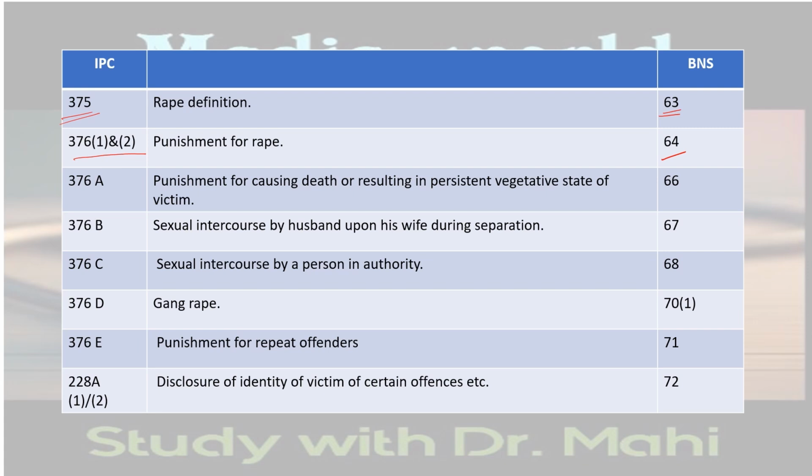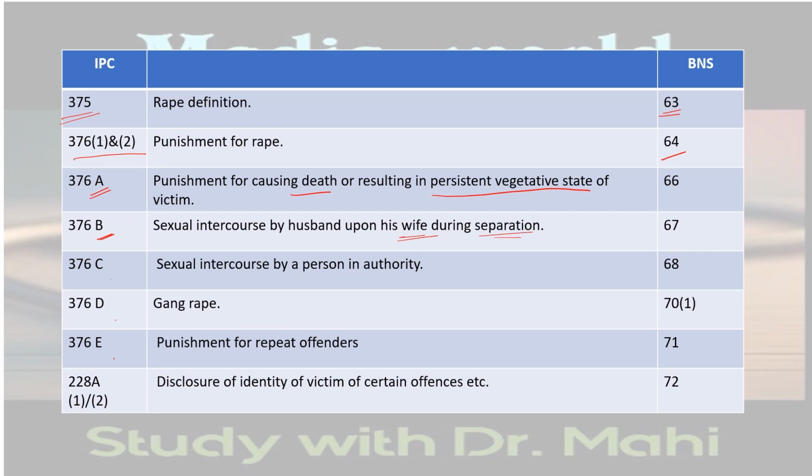Now, the 376 A, B, C, D, and E. How have we learned it? A means affected for lifetime, persistent vegetative state, or causing death of the person. Okay. B stands for BV, means wife: sexual intercourse by the husband with his wife during separation, rape with a separated wife.